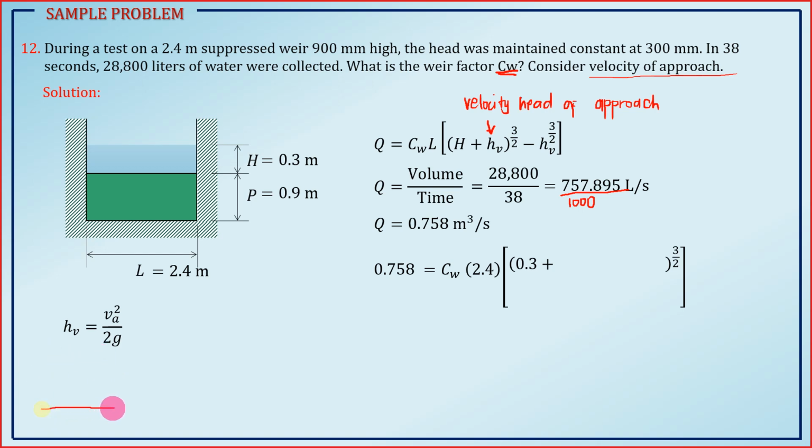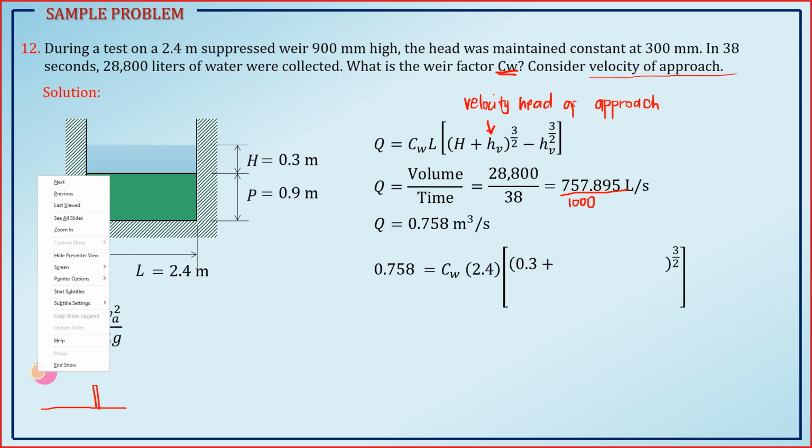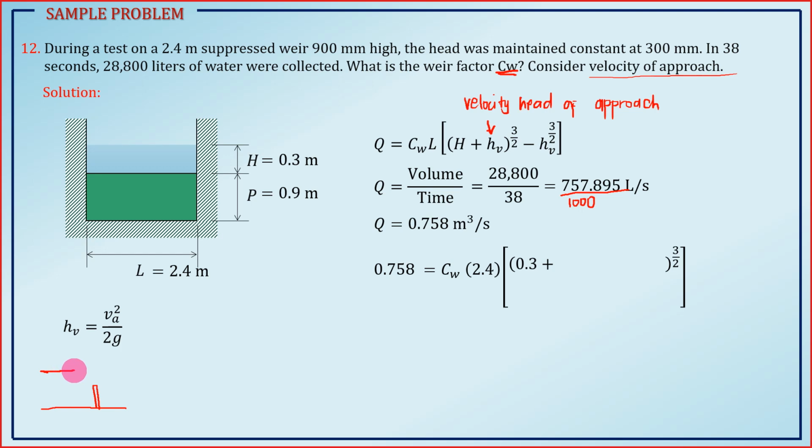So, let's say we have our channel bed dyan, nandito yung weir natin. So, at this point, stable yung liquid natin, wala nang pagbaba na nangyayari. So, stable yan dyan. Then, pag dumating na tayo sa weir, magkakaroon ng drawdown. Tapos, magpo-flow na yan dyan pababa. Ayan. Then, andito yung water level natin at the downstream. Ayan. So, yung approach natin is yung kompleto pa, di ba? Yung we have the head na mataas hanggang dito.